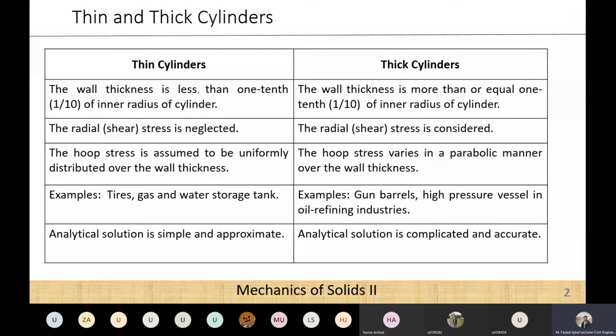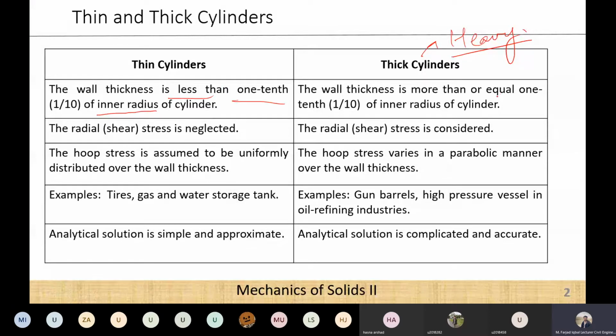Thick cylinders are usually designed to carry heavy loads compared to the thin cylinder. And this is the reason that the provided thickness of the walls is greater than what we would provide in the case of thin cylinder. And to make a criteria to differentiate between thin and thick cylinder, in the case of thin cylinder, if you remember, the wall thickness was less than 1/10 of the inner radius of the circle.